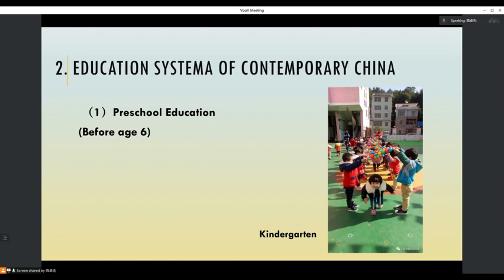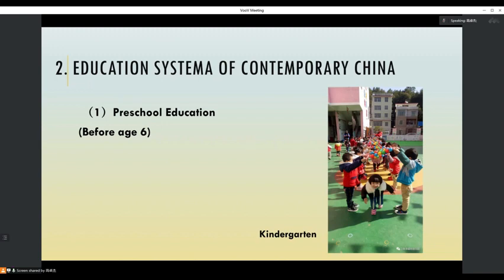But according to the current competition, some children, especially their parents, want their children to learn more knowledge in kindergarten.